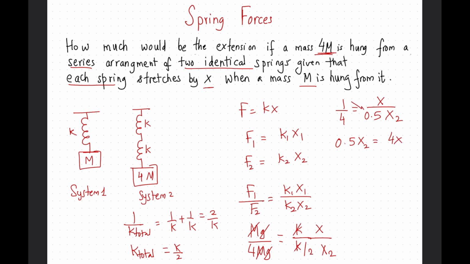What I did here is just cross multiplication because I want to know what x2 is in terms of x. So x2 will be 4x over 0.5, and 4 over 0.5 will give us the number 8. So that means in the series arrangement we'll have 8 times the extension as compared to that of one single spring.